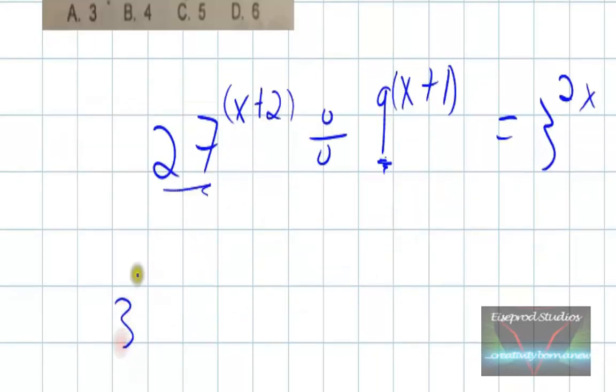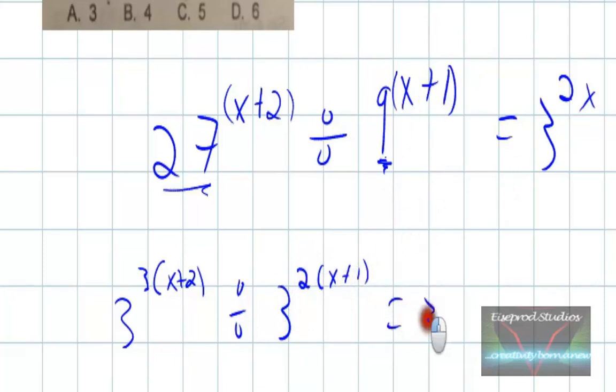So 27 is 3 to the third power, times x plus 2, right? This 9 can be rewritten as 3 squared, times x plus 1, so leaving that part the same. And we'll leave this as 3 to the x plus 2.